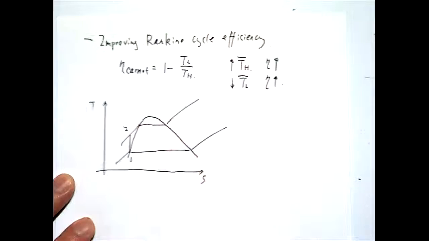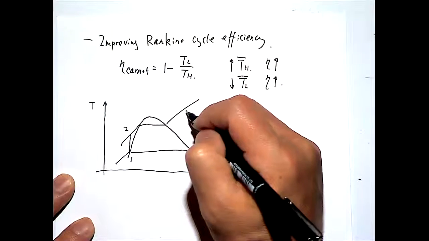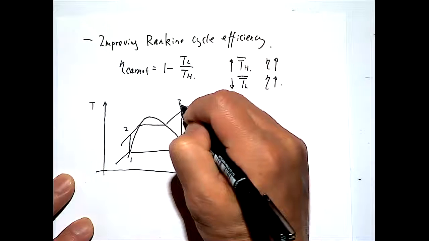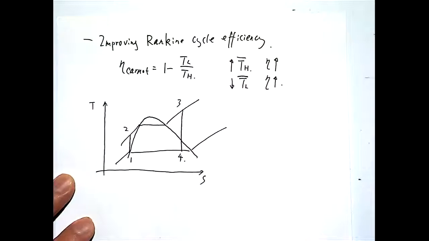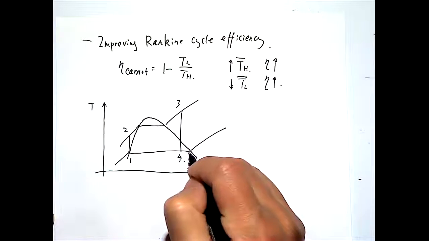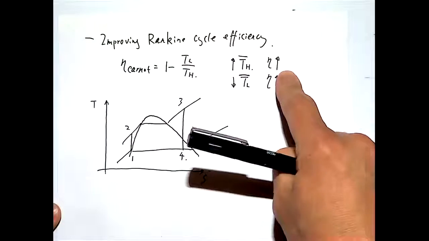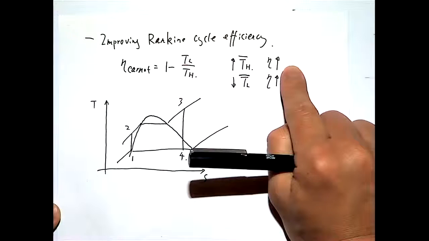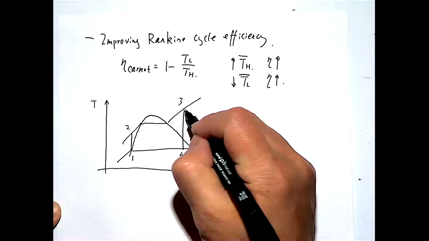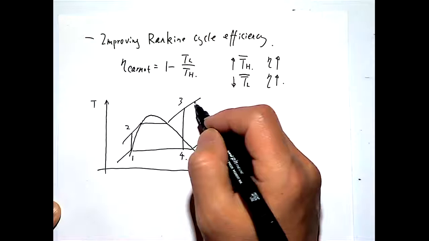So let's draw a basic cycle first. With this basic cycle, if we want to use the first principle, which means to raise the average temperature during the heat addition, one way we can do that is just to increase the T3, the steam turbine inlet temperature.